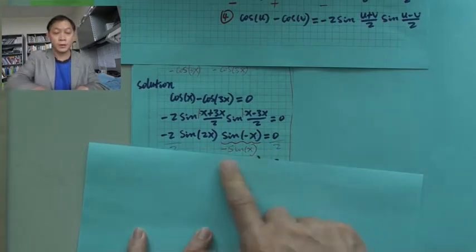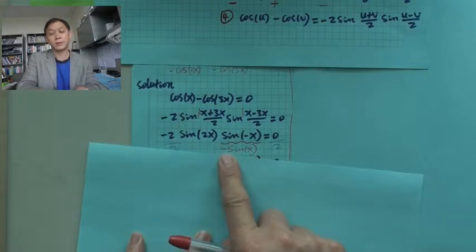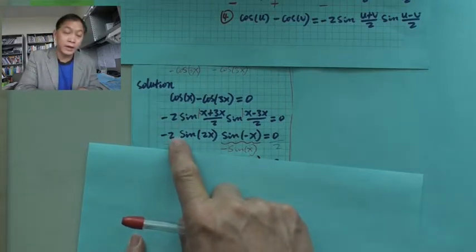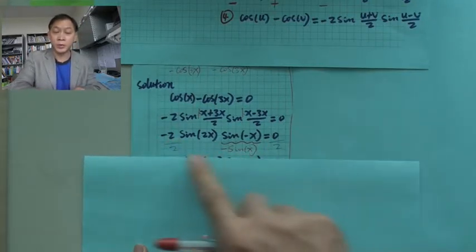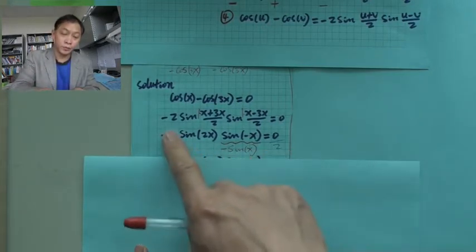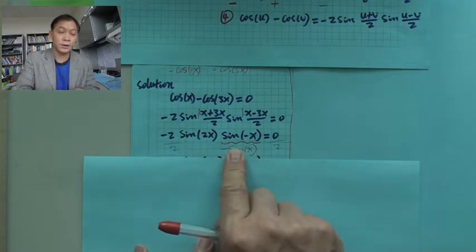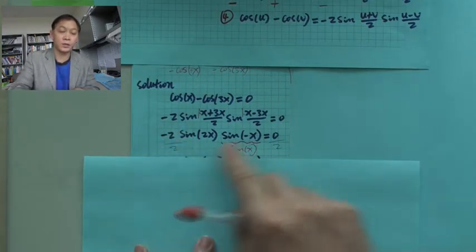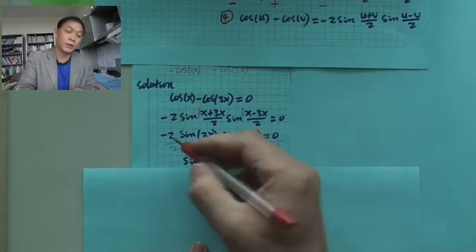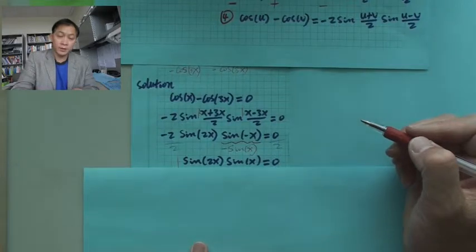You have a negative, so negative times negative will be positive. Then you divide both sides by negative 2, so basically you get positive now. And you have a 1 in front of it, so you don't need to write 1, though you can if you want.